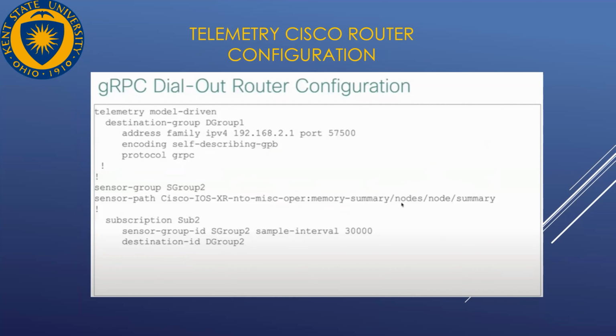This is exactly the piece of information that you're looking to get from the subscription. So compared to SNMP, which had the nice long ambiguous SNMP OID string, this tells you more information on what exactly the type of information you'd be getting with this subscription. And then lastly, you'd name your subscription down here, add the sensor group to it, and tag the destination group that we defined up here.